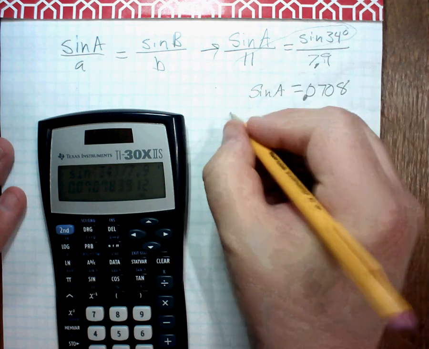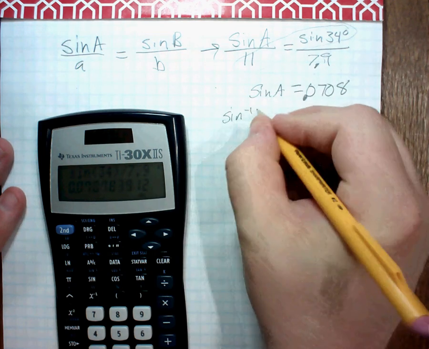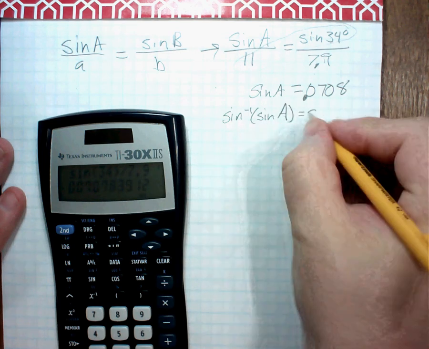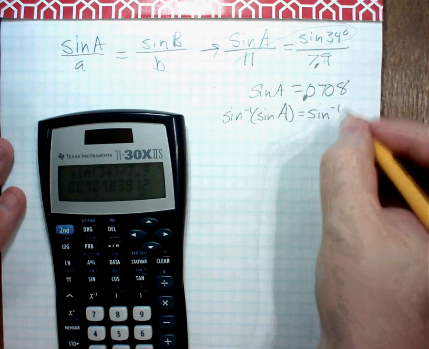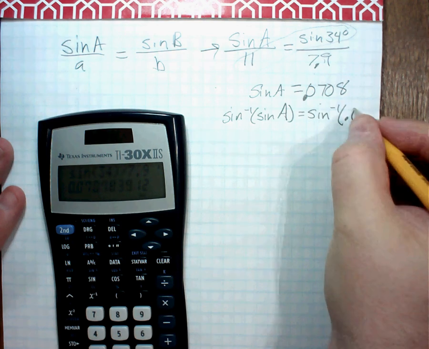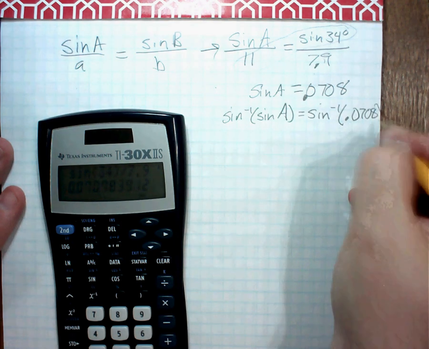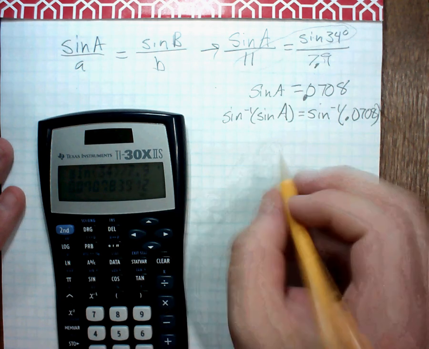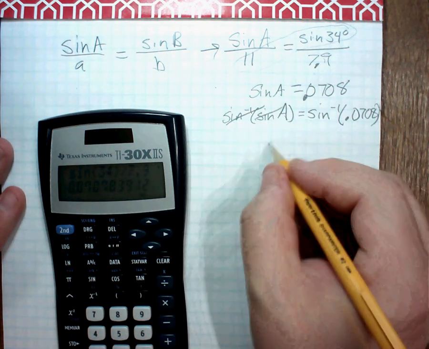Well, in the next line, I'm going to take the inverse of sine. And whatever I do on one side, I got to do on the other. Okay? And so the inverse of sine cancels.